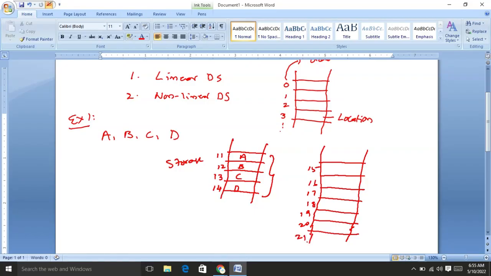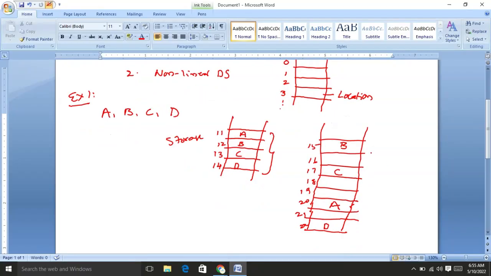Let us consider A is stored in the 20th location, B is stored in the 15th location, C is stored in the 17th location, and D may be stored somewhere else, maybe the 22nd location for our understanding. So D is stored in the 22nd location.